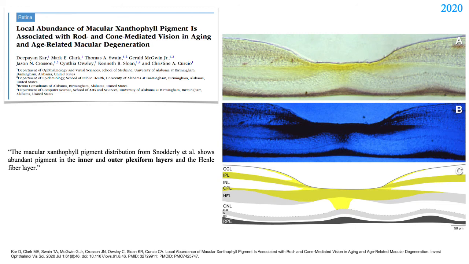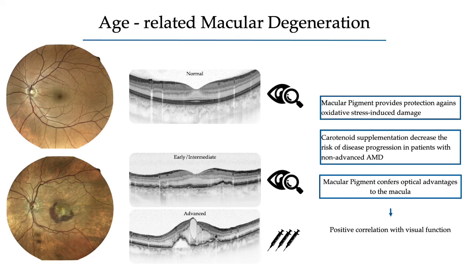And the abundant pigment is present at the level of the inner and outer plexiform layers, and then at the level also of the Henle fiber layers. So what is important from this slide is we know that now the macular pigment may also affect the outer plexiform layer. But why is macular pigment important?